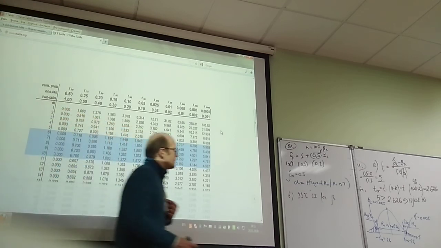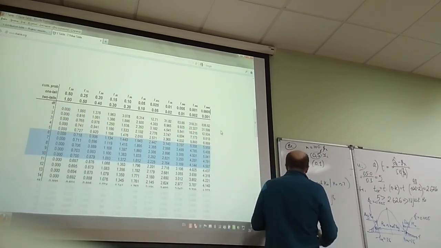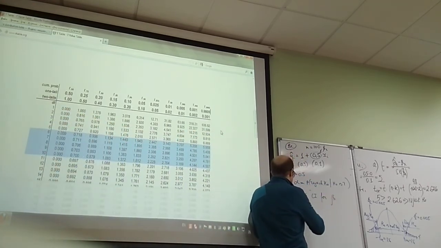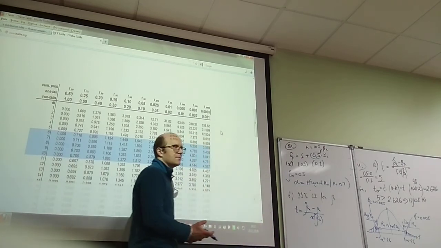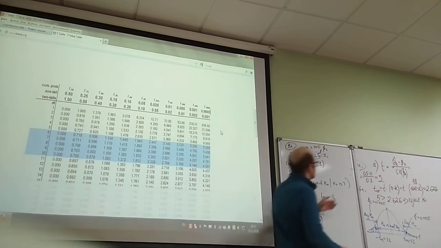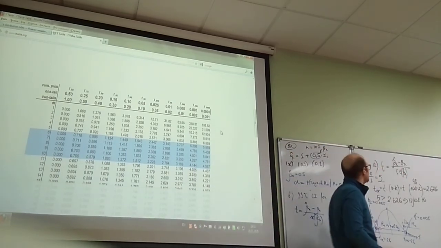So once again, I will use the same formula. T equals beta hat x minus beta x divided by standard error of beta hat x. The same formula that I used before.